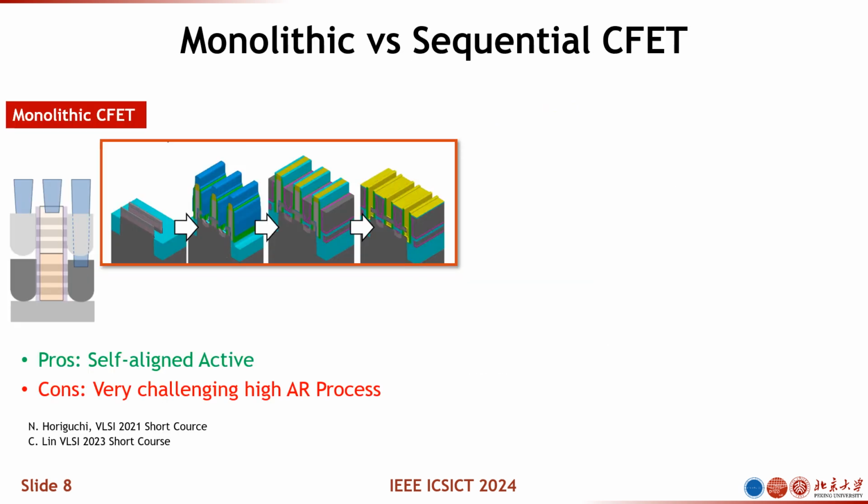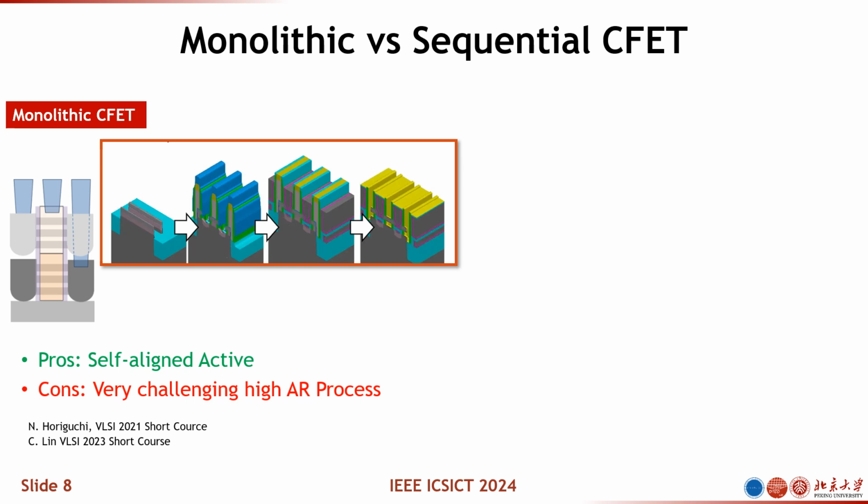And regarding the CFET, actually there are two kinds of approaches. The first approach is the monolithic CFET. Basically, you are doing the transistor stacking on a single active area of nanosheet. And the benefit of doing this is that the two layers of transistors are formed in a self-aligned manner.